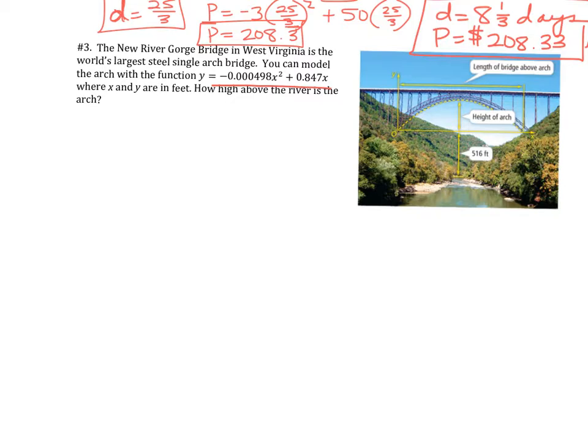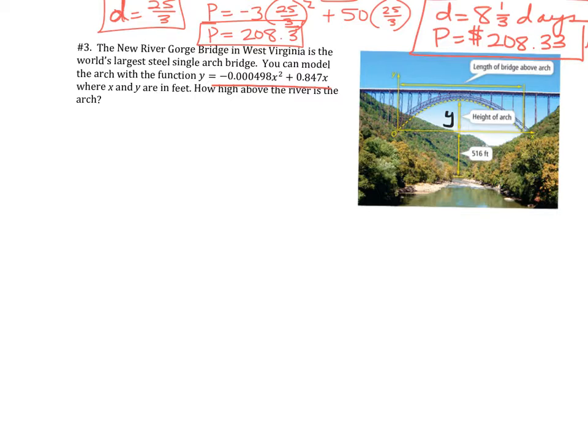So right now in our problem, oh no, it's not labeled in there. I was thinking it was labeled. We're looking for this, okay? The height of the arch so that we can find out how high above the river it is.